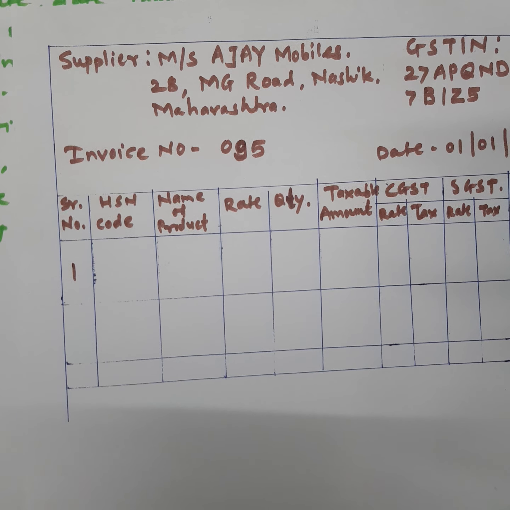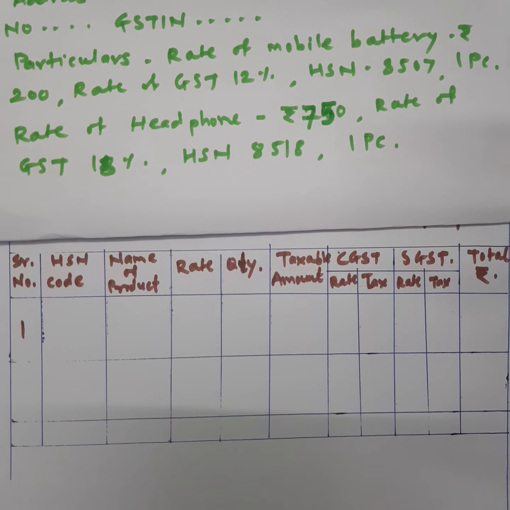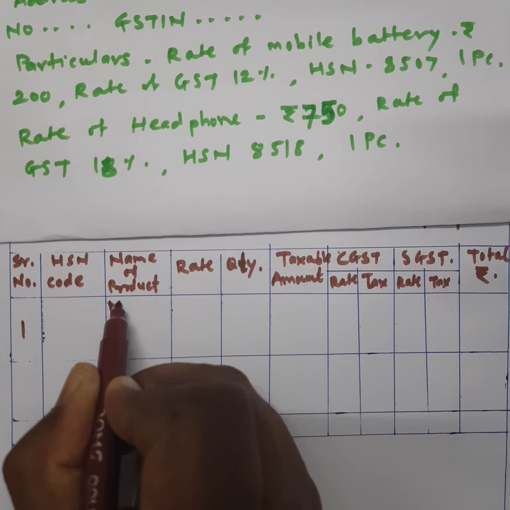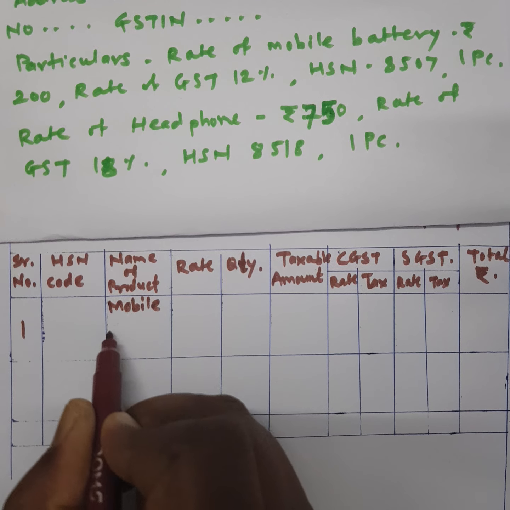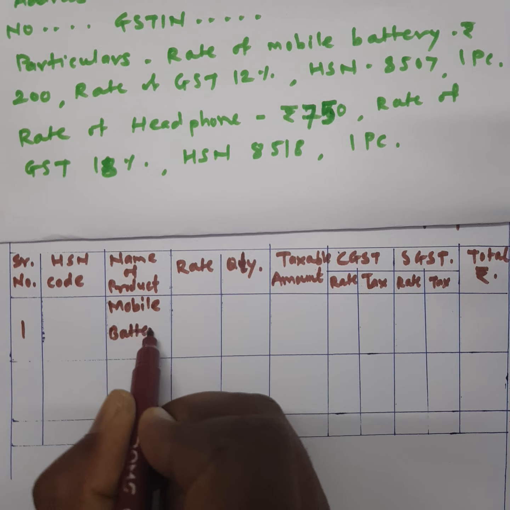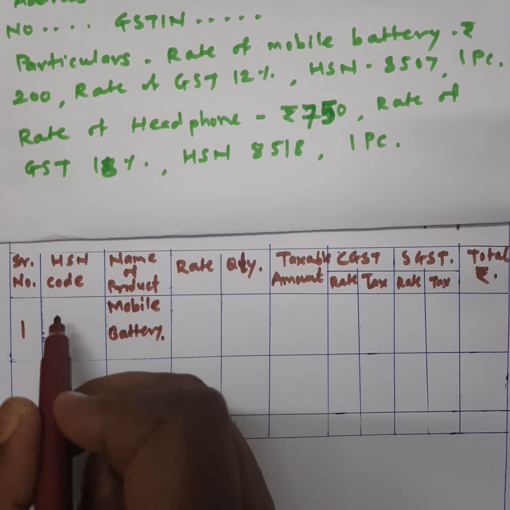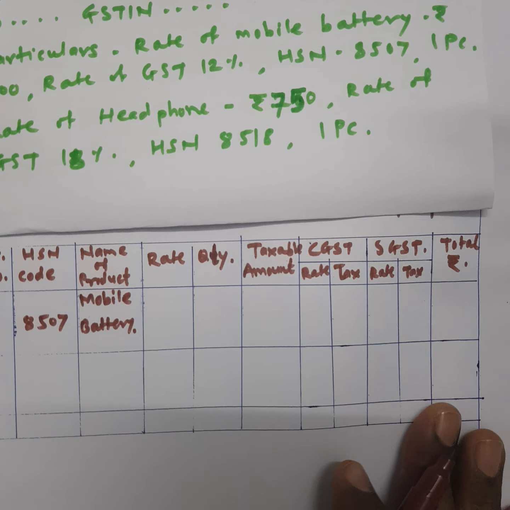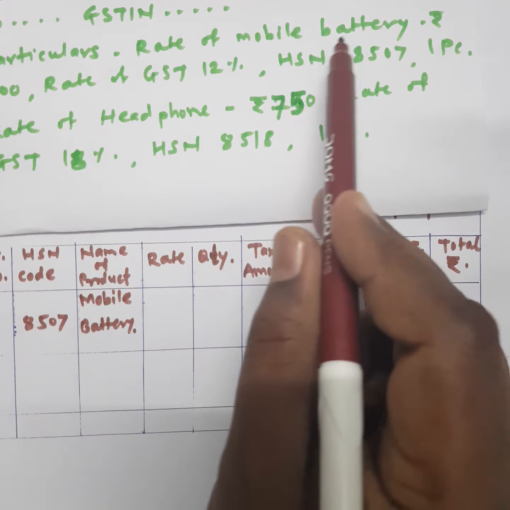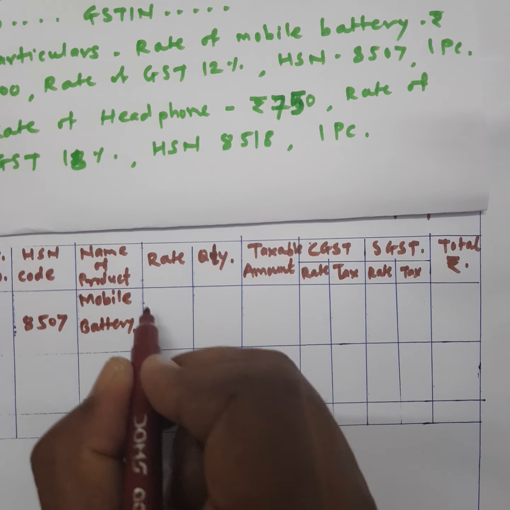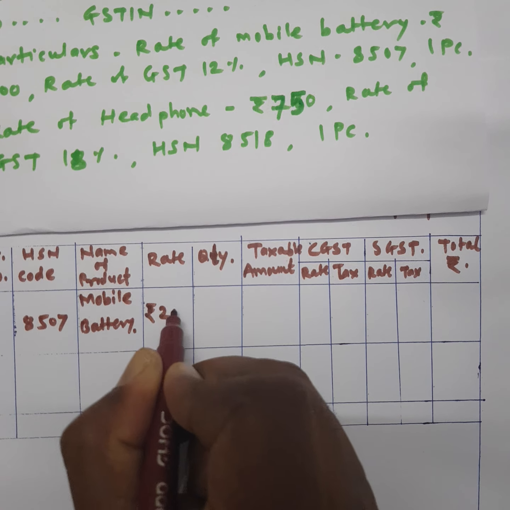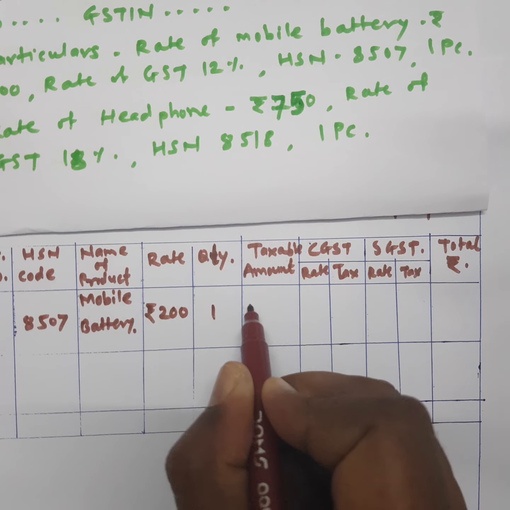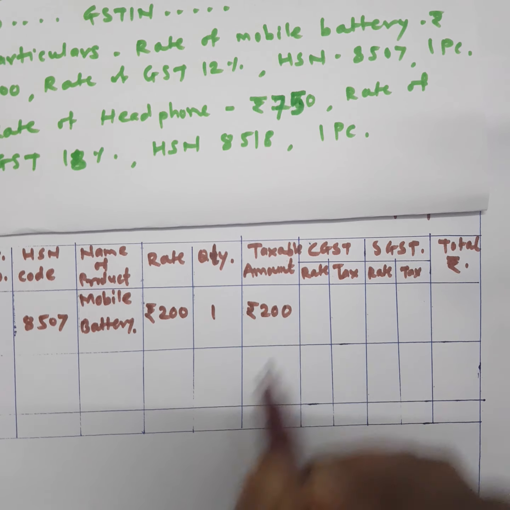In serial number, first item, see in our example, the first item is mobile battery. Name of the product, mobile battery, HSN code 8507. Then rate of mobile battery rupees 200, quantity 1, therefore taxable amount will be rupees 200.